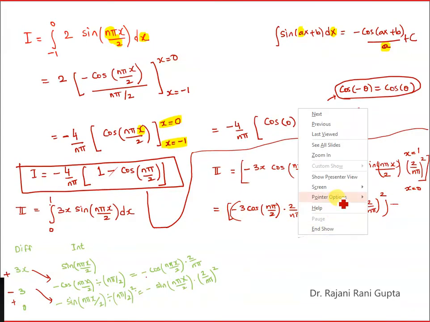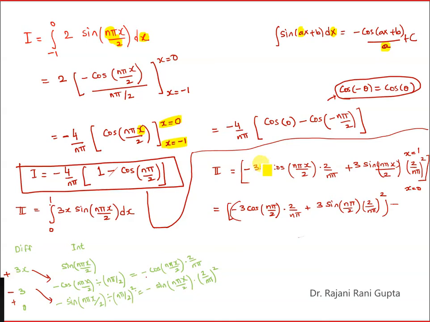See, we are replacing x here, here and here. So when we replace x by 1, 3 multiplied by 1 gives you 3. n pi into 1, so it is n pi, divided by 2. Sine n pi into 1, divided by 2.